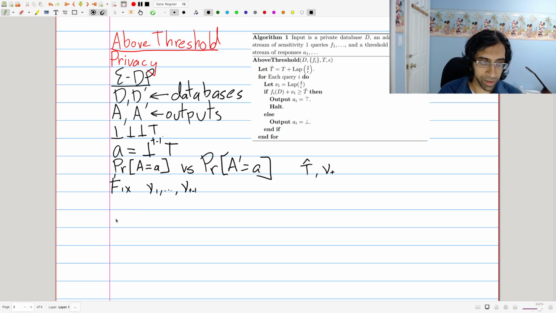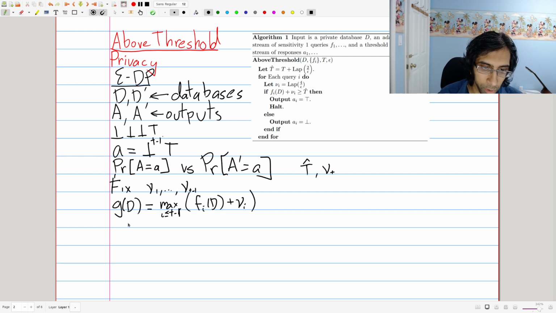One thing we're going to find convenient is the following notation. We're going to say that g of D is essentially the maximum of the first t-1 queries, not just the queries actually, but the privatized version of the queries. So this is the max of the first t-1 queries after privatization.